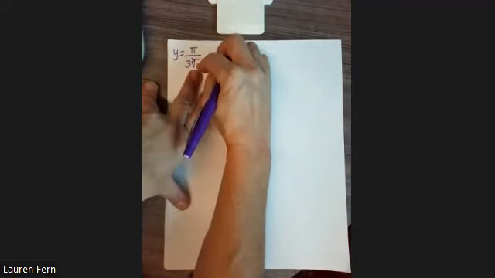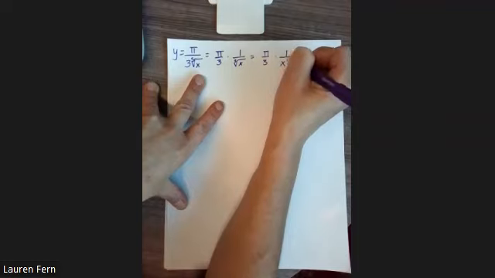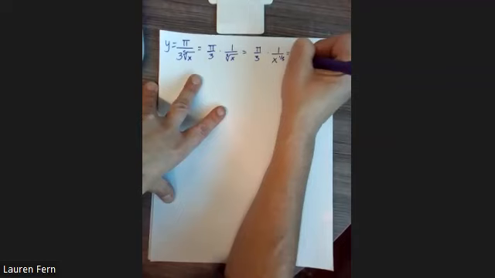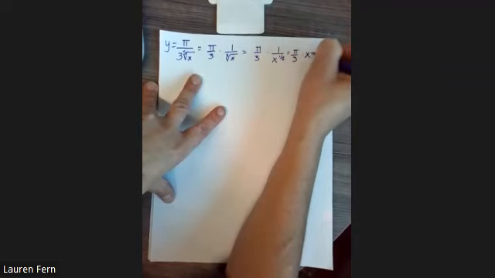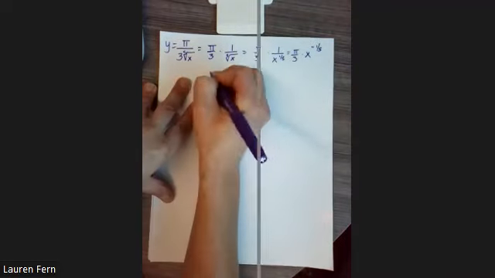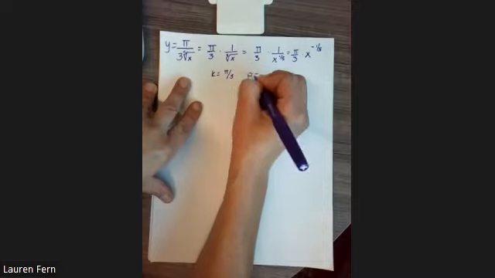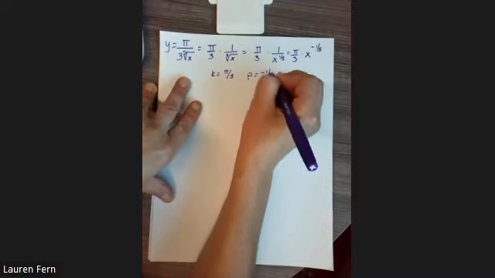We can write this as pi over 3 times 1 over the 5th root of x, which is pi over 3 times 1 over x to the 1/5 power. We know the 5th root is the 1/5 power. And finally, we want to have our x up here, so that makes our exponent negative. So in this case, k is pi over 3, and p is negative 1/5.